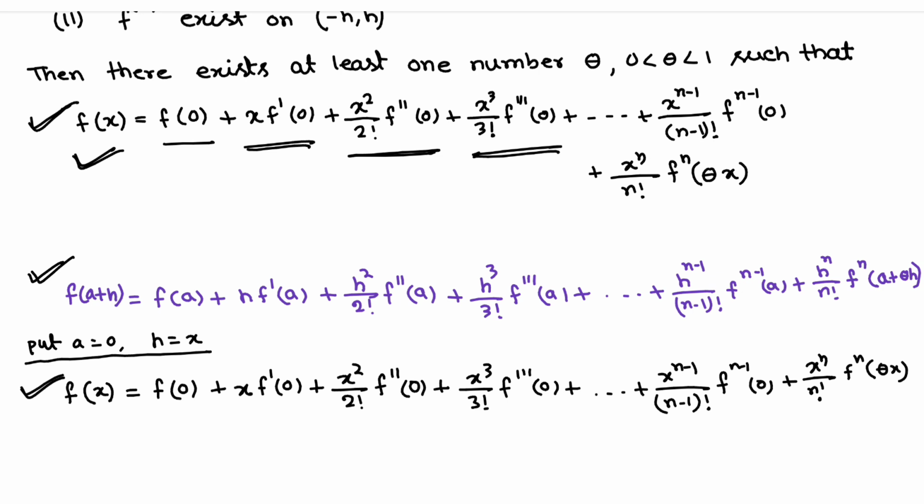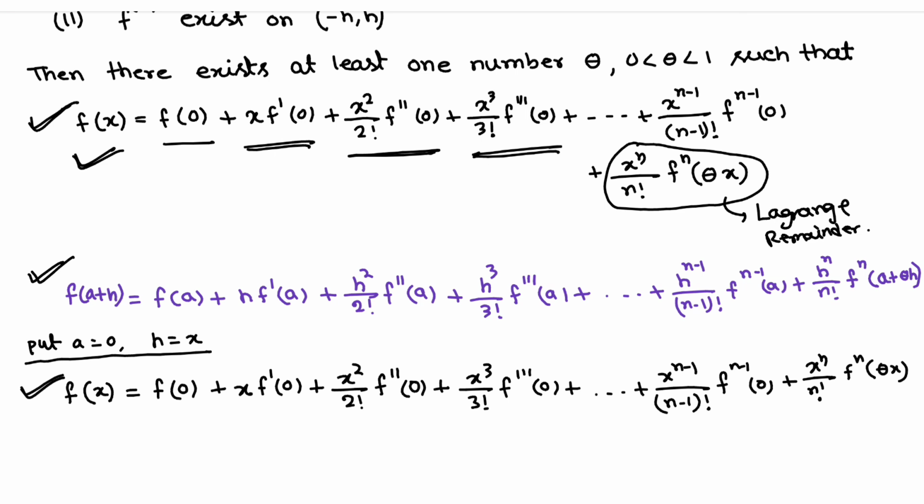And the last term is x to the power n by n factorial f n theta x. And obviously this is known as Lagrange remainder. And similarly you will get Maclaurin's theorem for Cauchy remainder, and I am not discussing the Cauchy remainder portion because this is not so important for your semester examination.